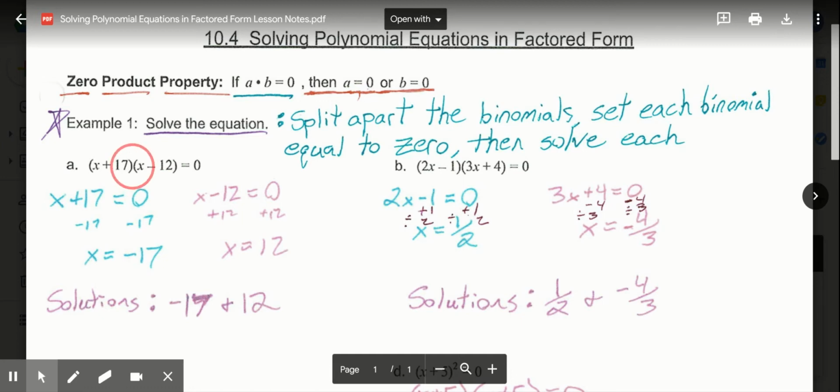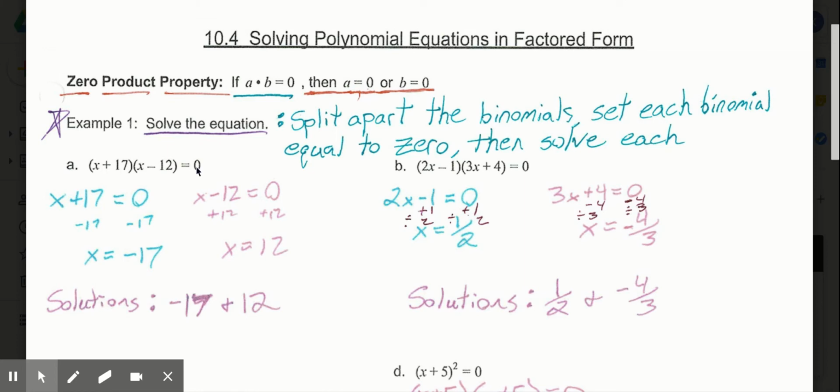Even though there's no multiplication symbol in here, technically this equation is the quantity x plus 17 being multiplied by the quantity x minus 12 equals 0. That's what we end up with when we factor our trinomial quadratics.